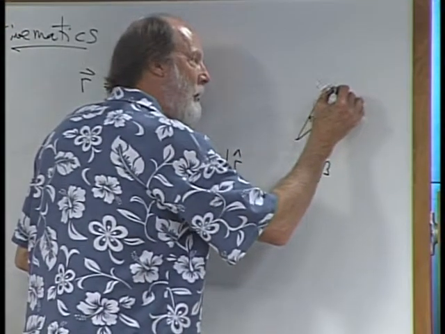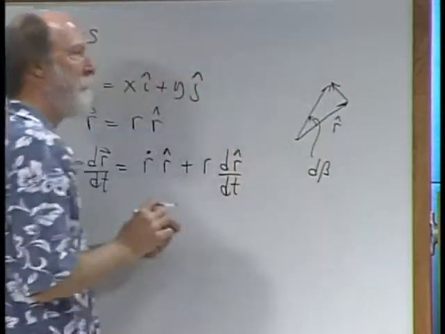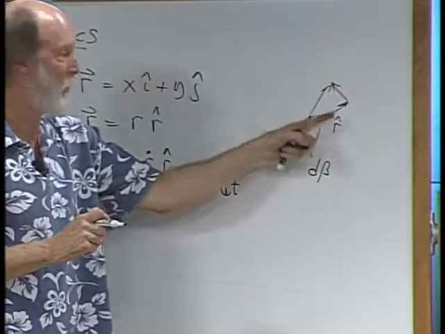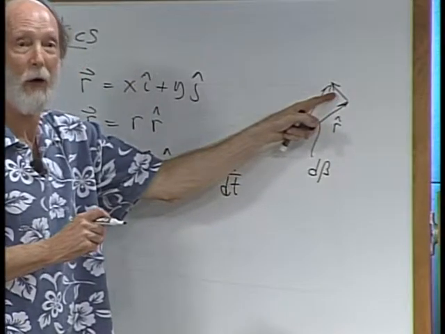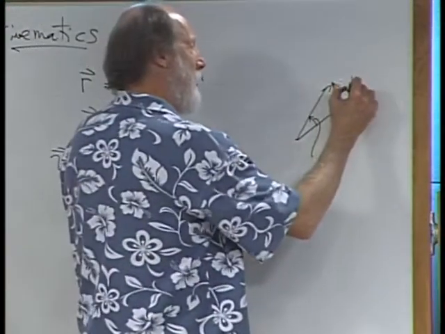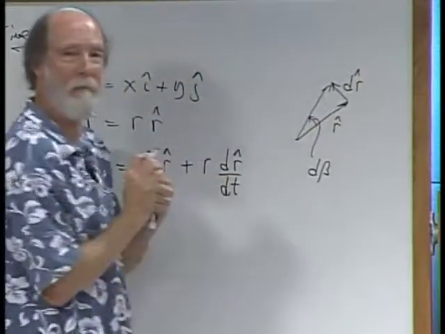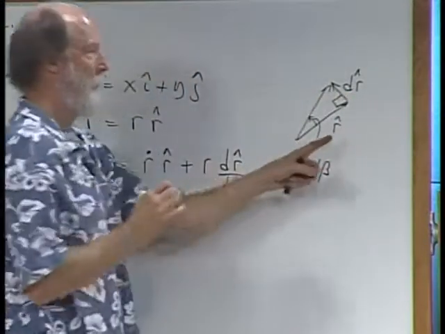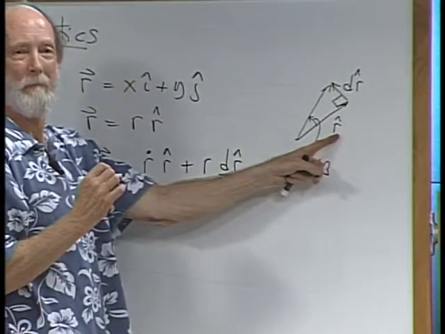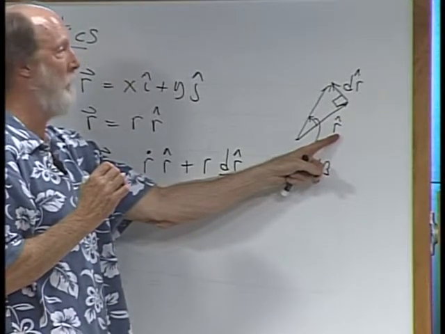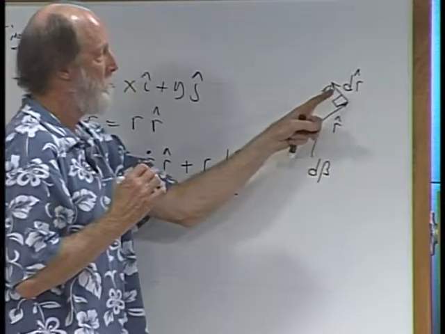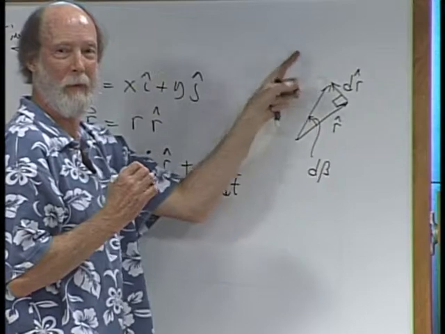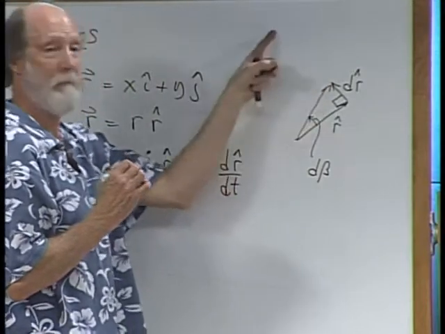And in the limit, this change in r hat right out here, this delta r hat, is a dr hat, which in the limit is perpendicular to r hat, and it's in the direction of increasing theta.